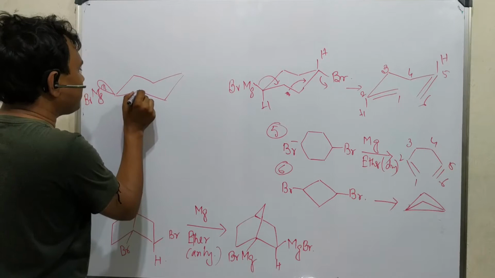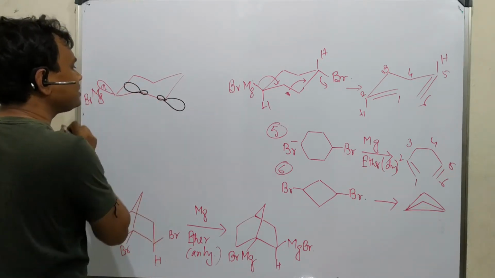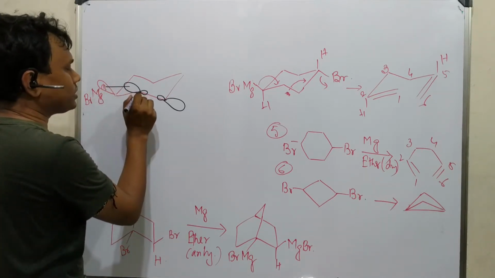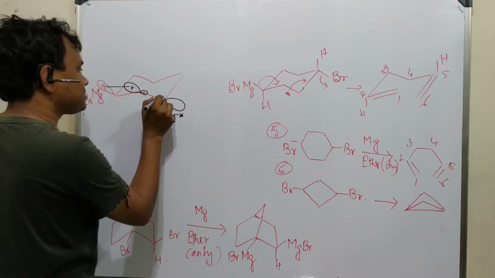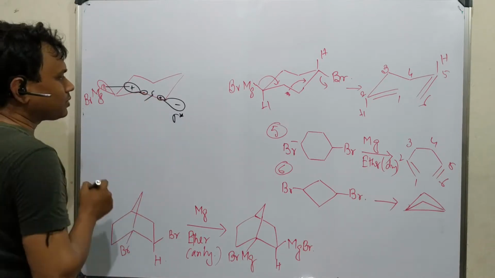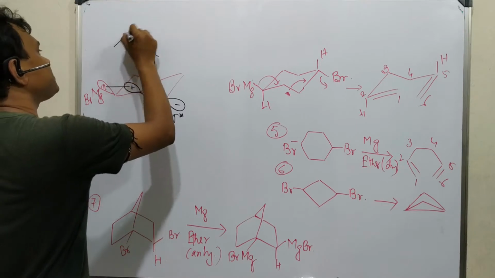This is the sigma bond, and its sigma star looks like this. So this overlaps with this, and if this electron is donated to the sigma star, if we draw the plus and minus signs of the sigma star, then this bond is broken.